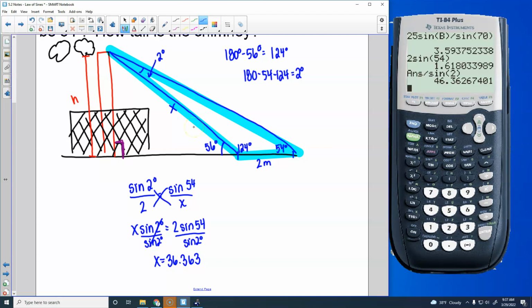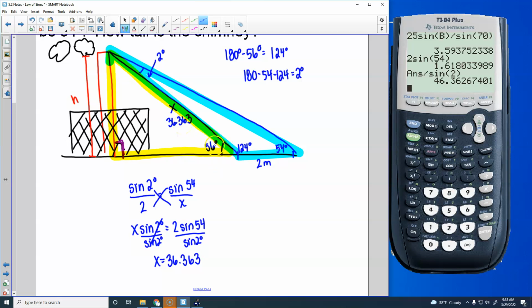So that's the length of this side, 36.363. So now at this point, we can look at this right triangle right here. And since it is a right triangle, we can use regular trig, or if you have decided to cast away regular trig forever, then you could use law of sines again.